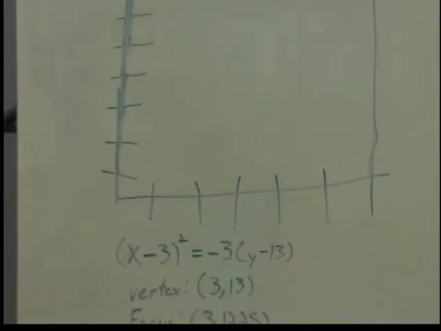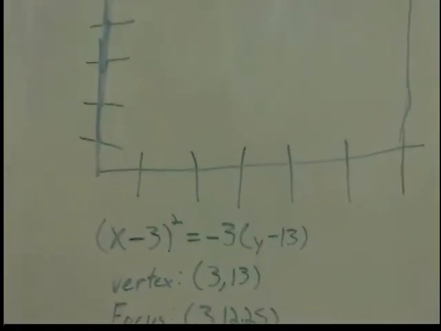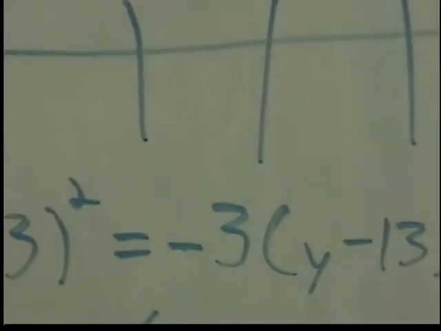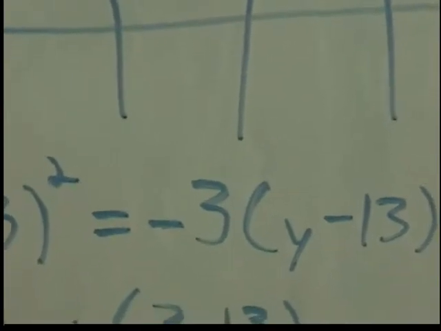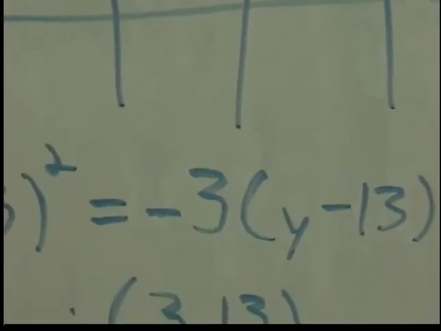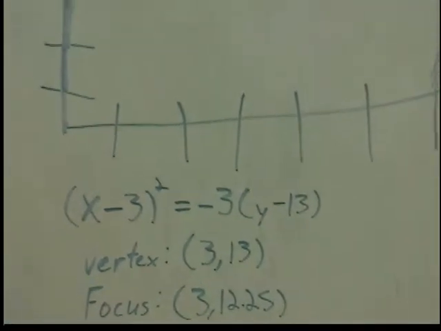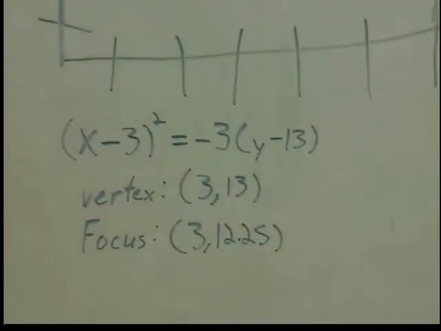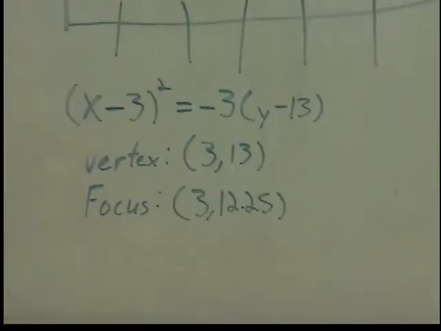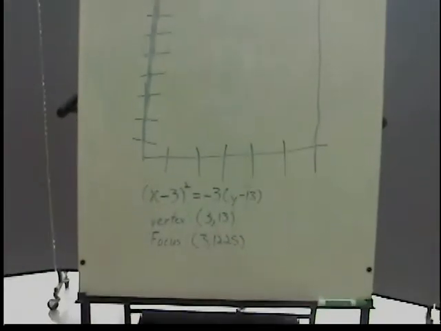And then to find your focus, you would take -3 and divide it by 4, because -3 is equal to 4p, and p is the distance from the vertex to the focus. And so once you divide -3 by 4, you should get -0.75. And so you would go down 0.75 from 13, and so your focus would be (3, 12.25). And your parabola should be facing down because the 3 is negative.